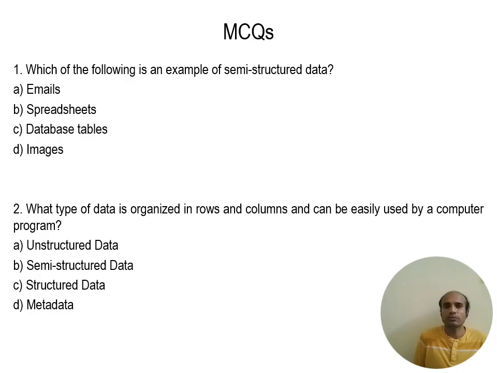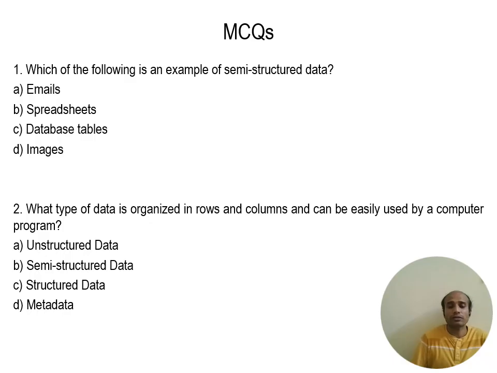They want you to understand what semi-structured data is and identify which of the four is the right answer. The right answer is emails. It has a part of the structure.